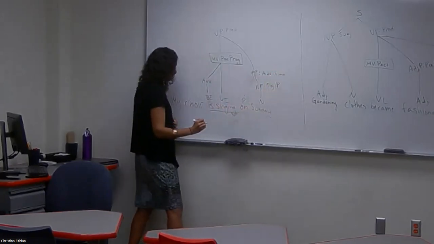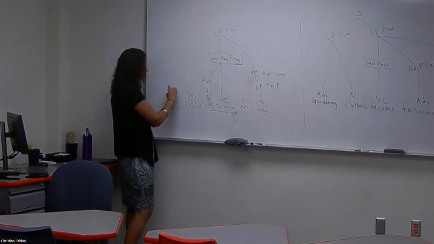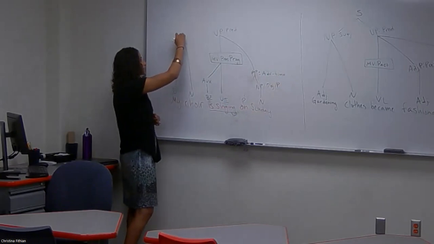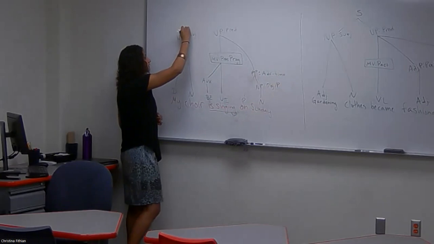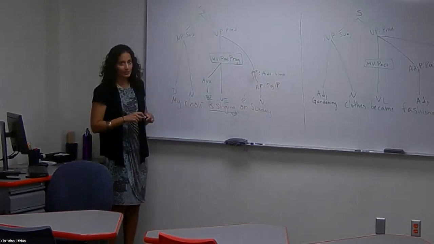Let's add that. Choir is a noun. My, we're going to say it's a determiner for right now. And then we put my and choir together, we get our noun phrase subject. Put noun phrase and verb phrase together and we get a sentence.